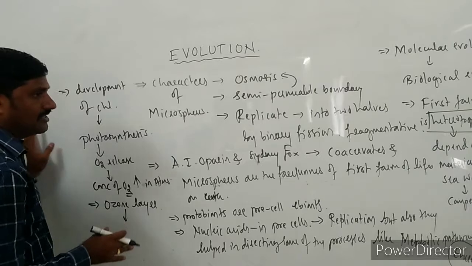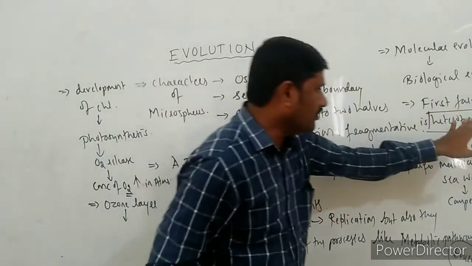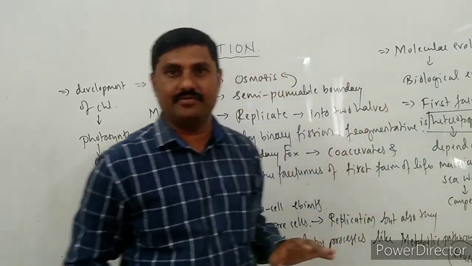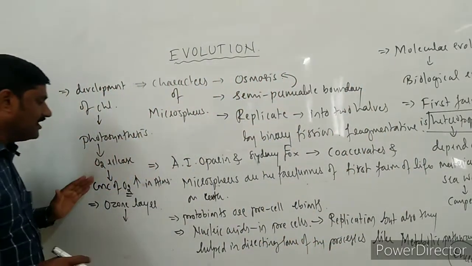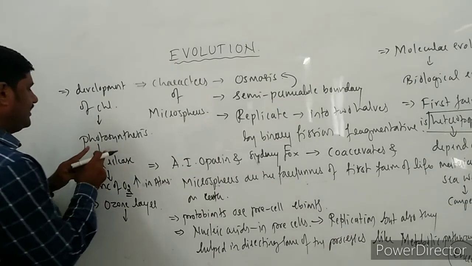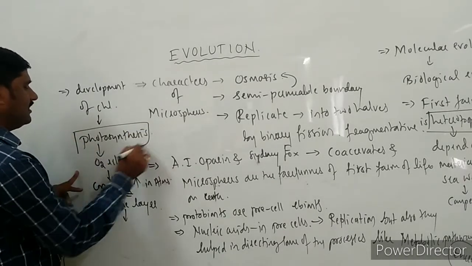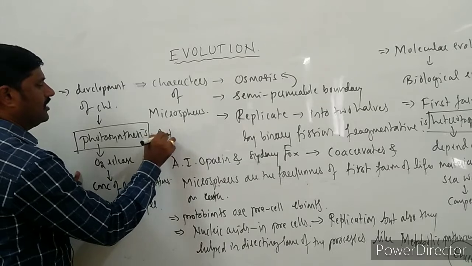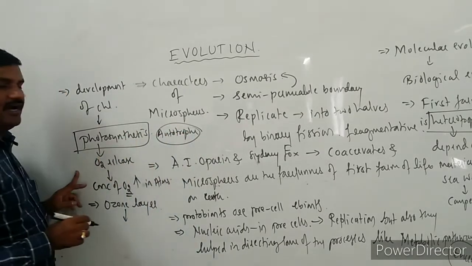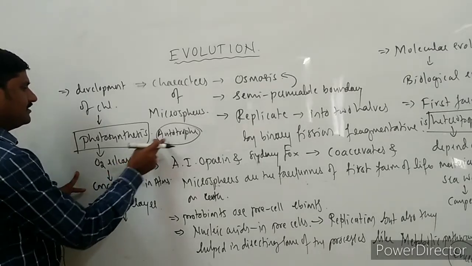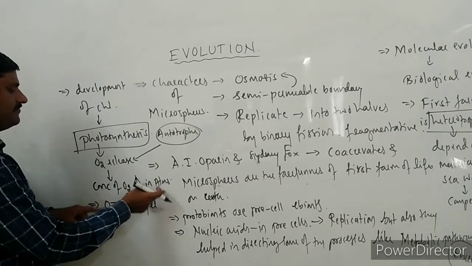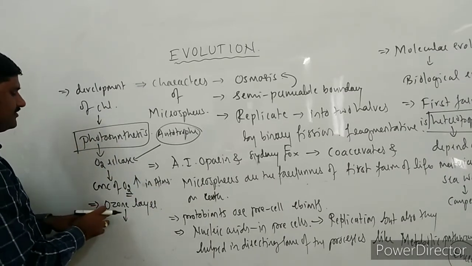So now what happened? Heterotrophs and anaerobic organisms were existing basically, and after that autotrophs developed. When photosynthesis started, they were all autotrophs. Development of autotrophs took place. These autotrophs release more oxygen, and the concentration of oxygen increases in the atmosphere.